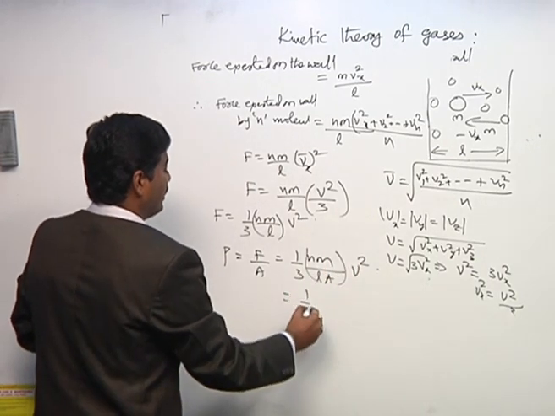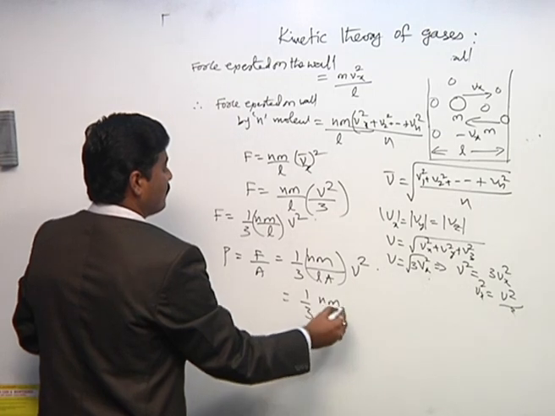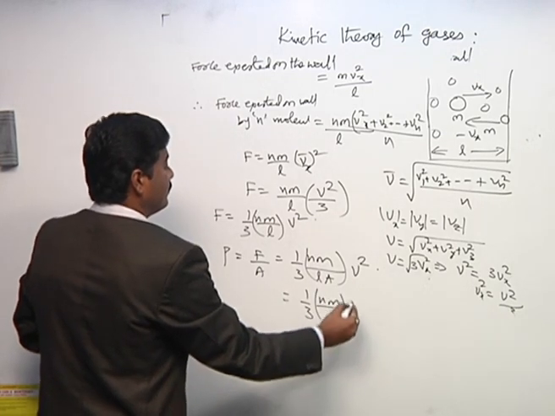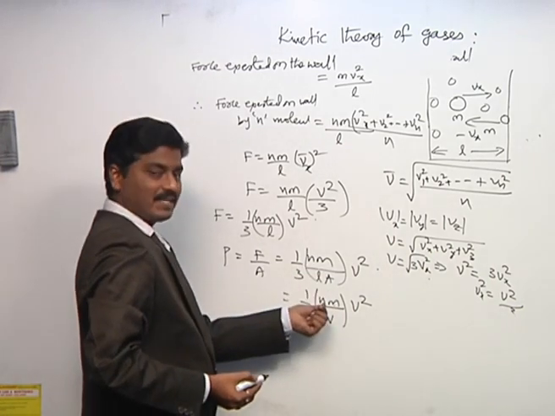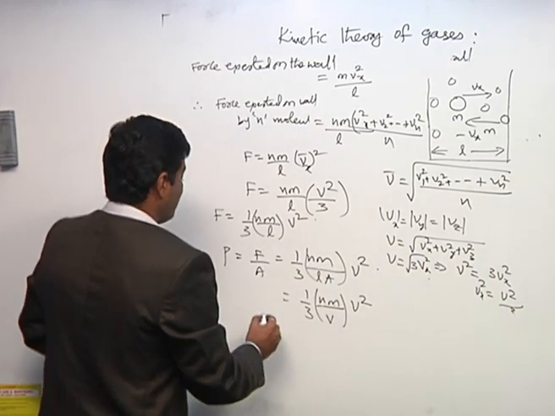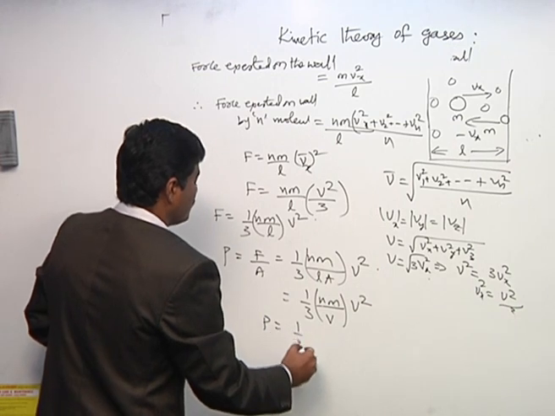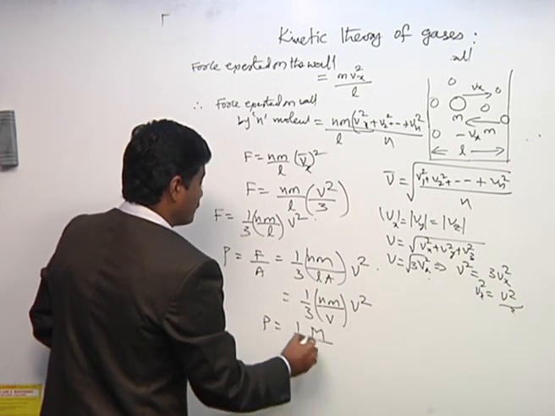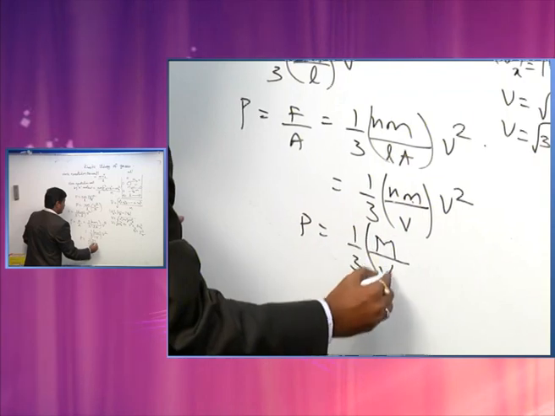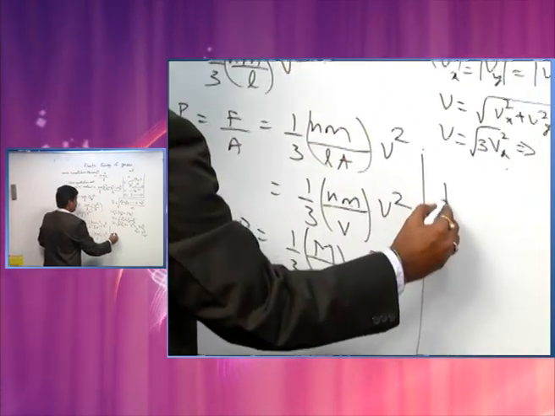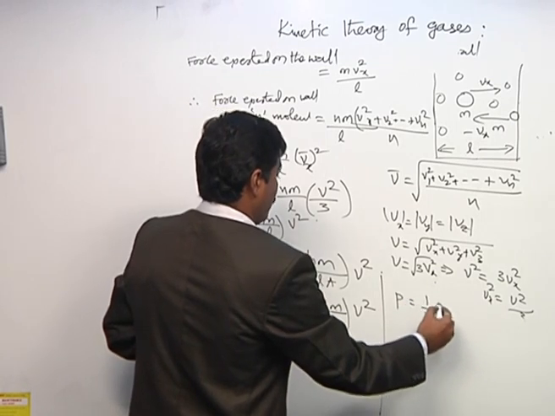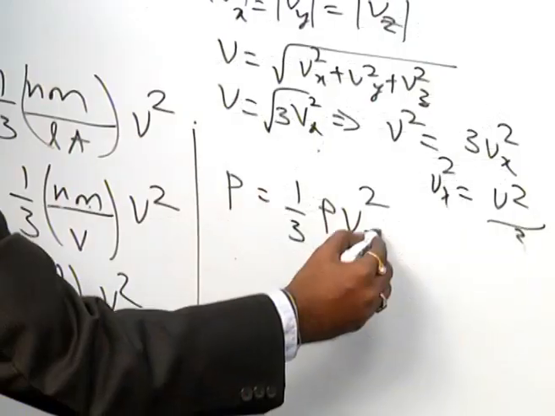Here L A is equal to volume, m is the mass of one molecule, and n is the number of molecules, so n m can be the total mass of the gas. So we can write P is equal to 1 by 3 rho v square.